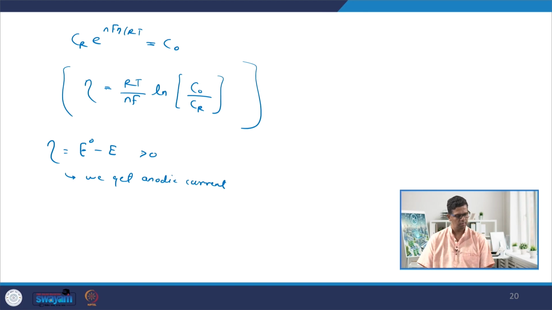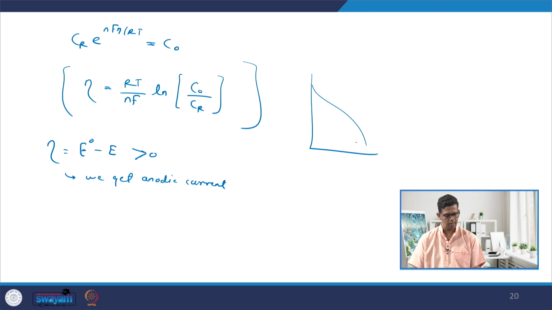So if this is positive, we get anodic current, or in other words, eta is positive in case of fuel cells, because as we see, if this is our fuel cell and this is our E naught, and you are operating at any potential other than E naught, which is always less than the E naught. So these are our operating potentials. So eta is always positive in case of fuel cell, so we get anodic current in case of fuel cell.